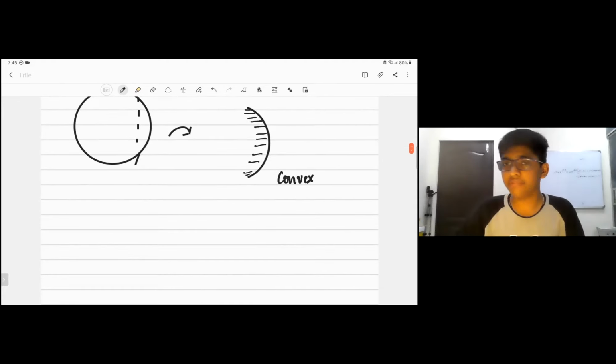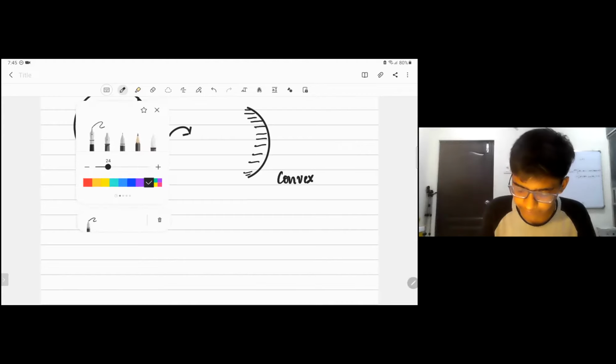Now when we see the definition of a spherical mirror, it is something like this, let me write it.